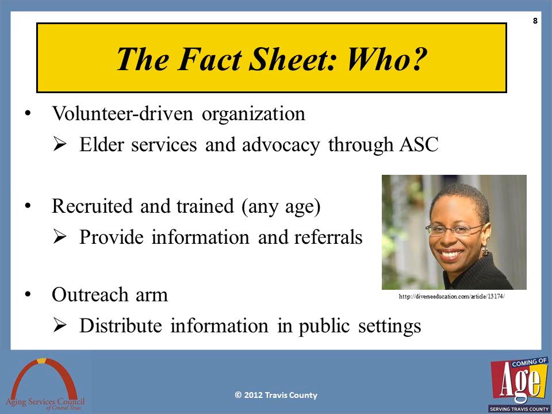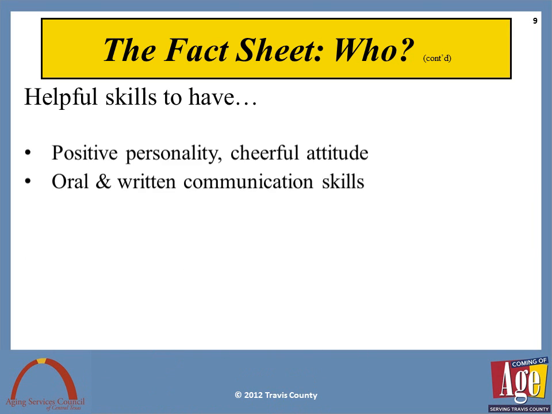Neighborhood ambassadors are really the outreach arm of our program, and they serve as these information specialists and distribute all these types of senior relevant information in local public settings, some of which we just identified a minute ago: our senior centers, our senior housing, our neighborhood groups, and so forth.